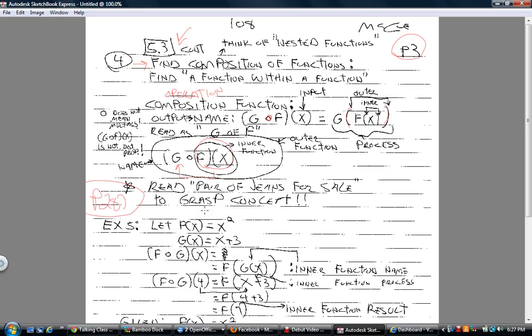You get up to the cashier and you find out you're in for a little bit of a disappointment, and here's why. To find the correct value, first take your $40 and take your original 25% off, and think of that as your inner function. Take 25% off of 40, which is $10. So 40 minus 10 is 30. Now that $30 is what you would have paid, but you're there before noon.